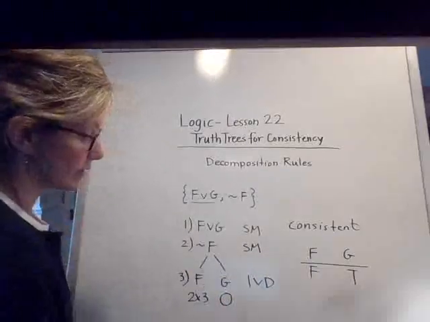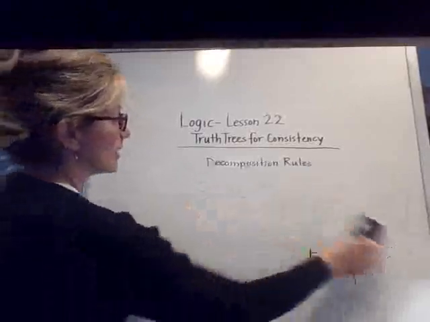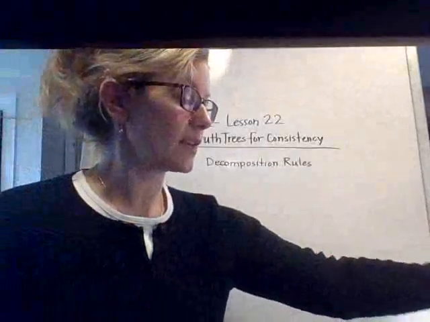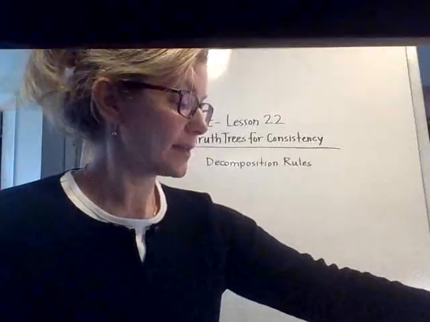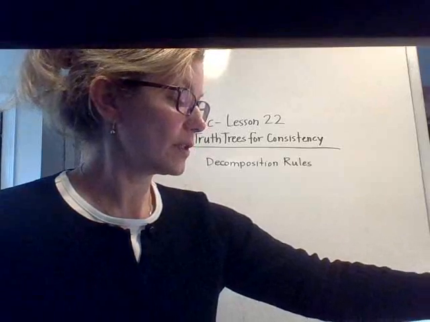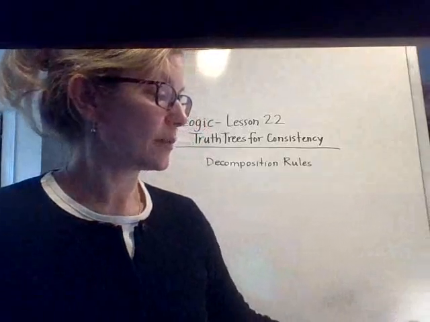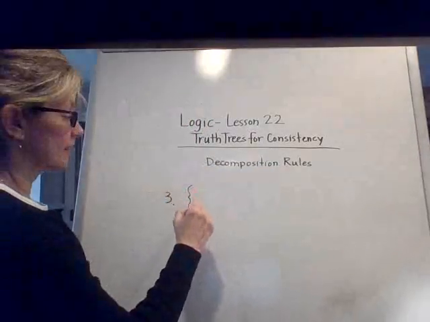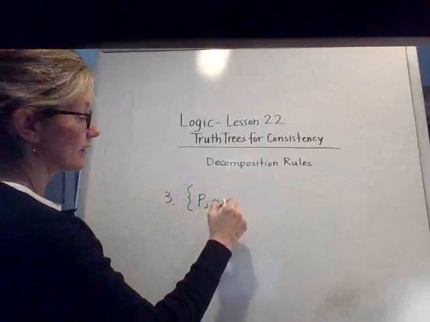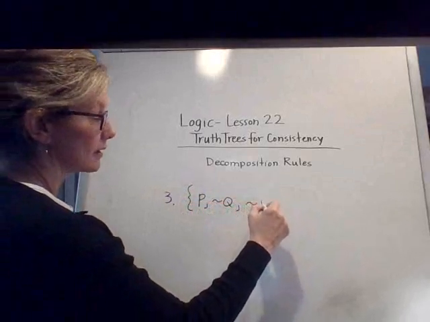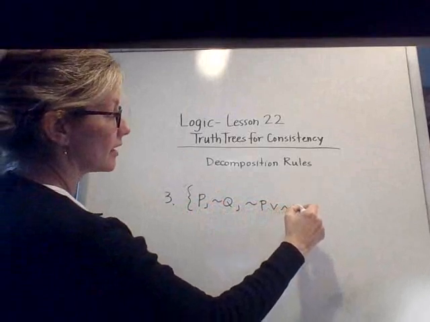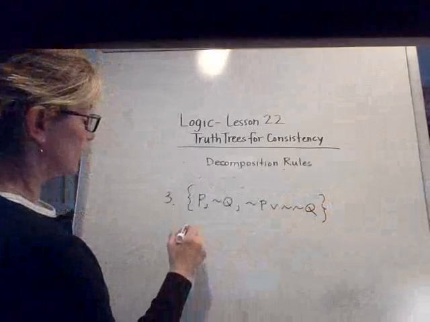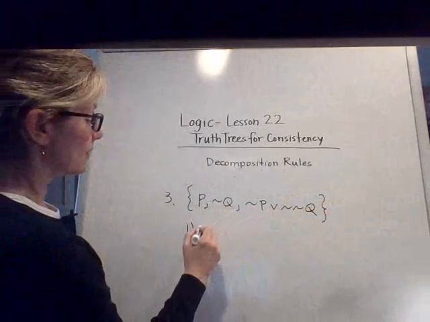All right, and let's do another example. I'll do an example from the exercise. We only have 4 problems in the exercise here. Why don't we do number 3. Number 3 in the exercise is P, not Q, not P or not Q. So this one is a little bit more involved. Line 1, we're just going to write down our set members.